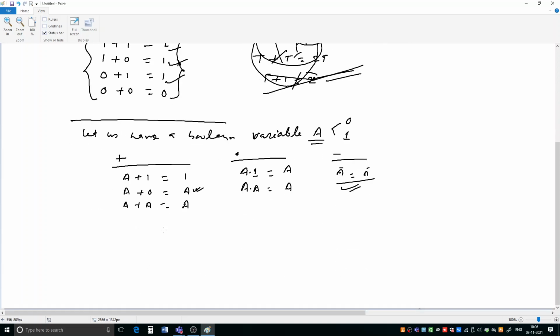Let us explore it. Just now we have seen this one: A plus 1 equal to 1, I am writing.